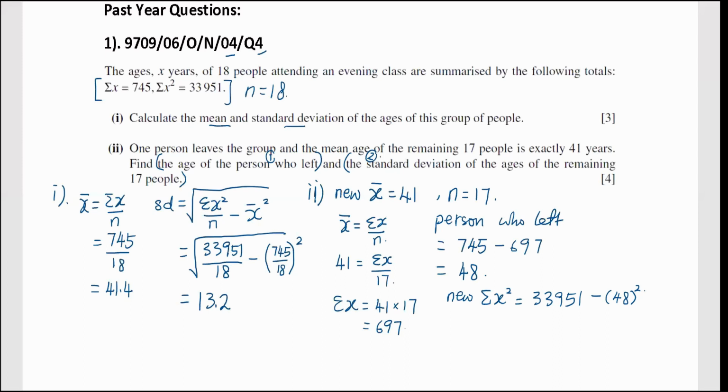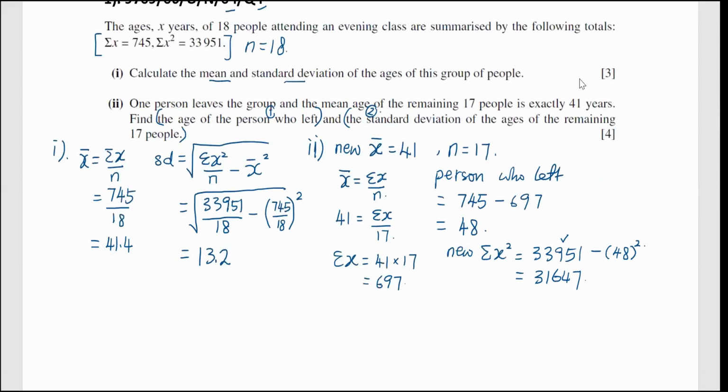So since we are looking for the new sigma x squared here, we take the original 18 persons' sigma x squared, then subtract the age of the person who left squared. Then we get the new sigma x squared to be 31647.